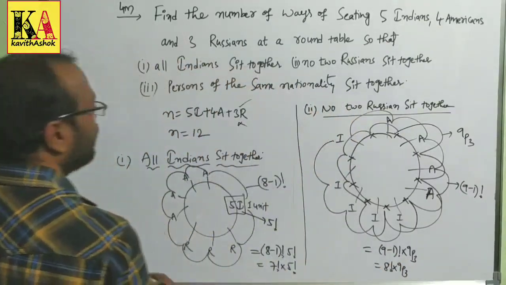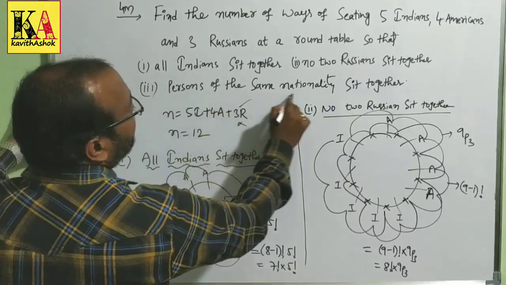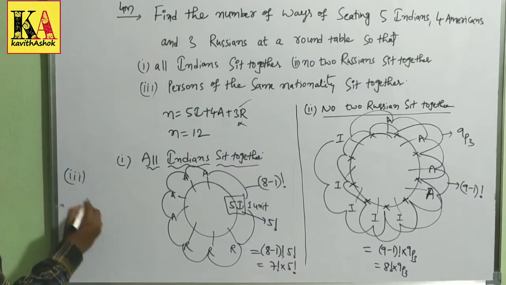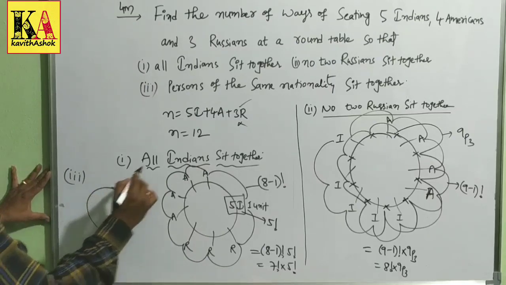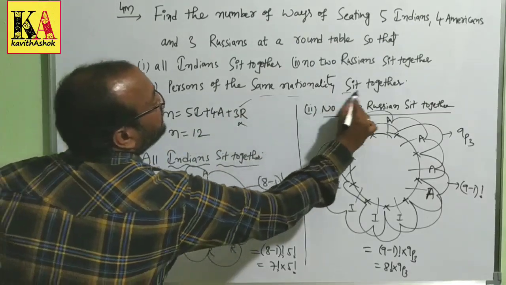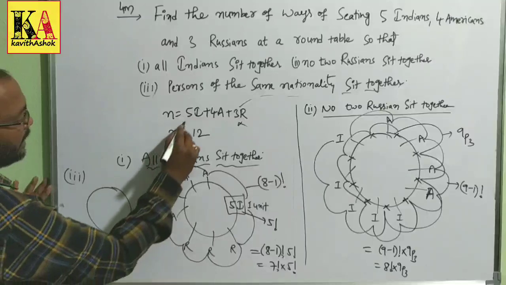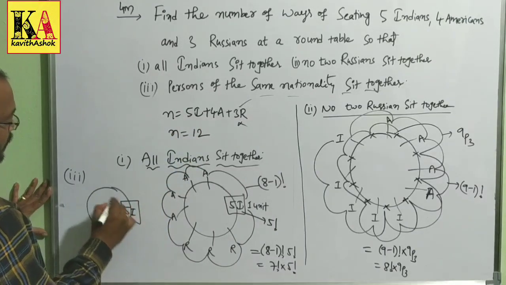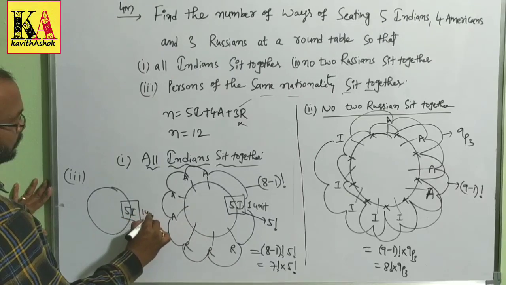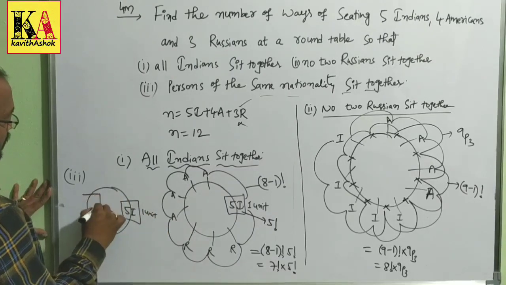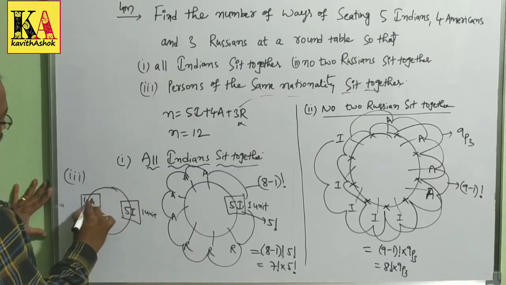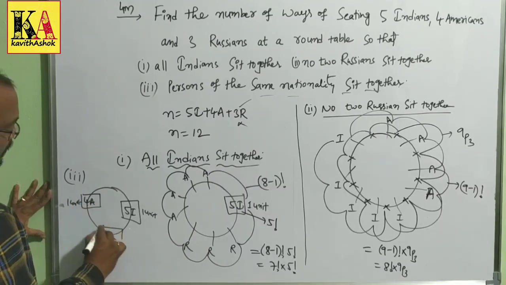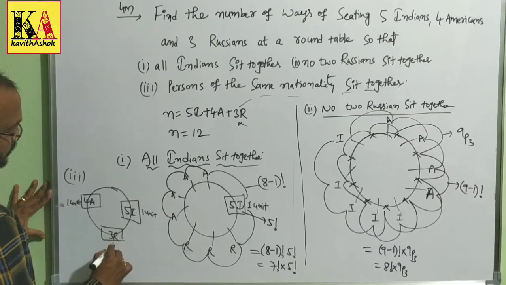Now, last question. Persons of the same nationality sit together. Third condition. Same circular permutations. Same nationality sit together. Again, together is there, so 5 Indians we can consider as 1 unit. Next, 4 Americans we can consider as 1 unit. And 3 Russians we can consider as 1 unit.